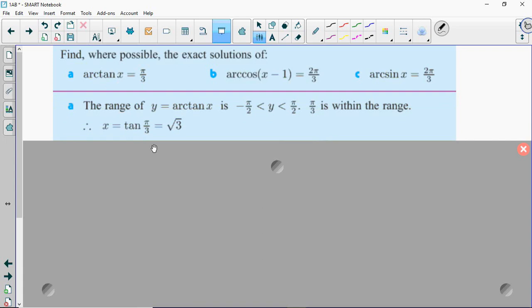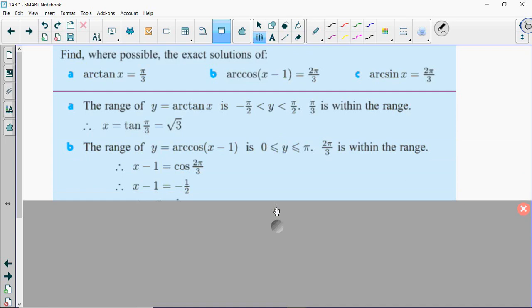Pi over 3 is within the range for arctan, so we can solve this. For letter B, 2 pi over 3 is also within the range for arc cosine. So we're really solving x minus 1 equals the cosine of 2 pi over 3. So x minus 1 is equal to negative 1/2. So we're adding 1, and then x should be equal to 1/2.